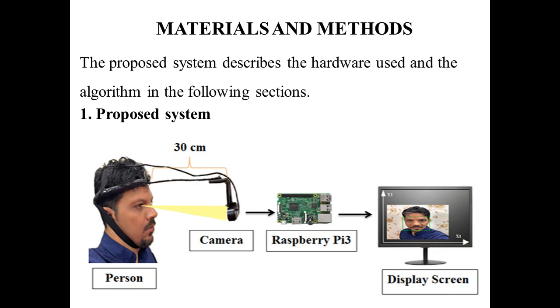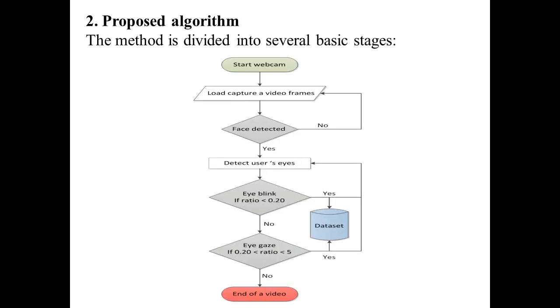The DLib algorithm chooses a distance of between 20 and 70 centimeters from a person's face before recording to identify facial landmarks in real time. The test found that 30 centimeters is the optimal distance to detect facial landmarks in real time.